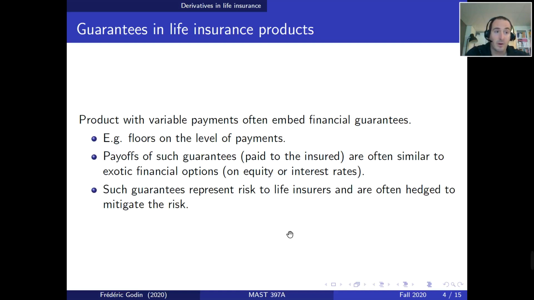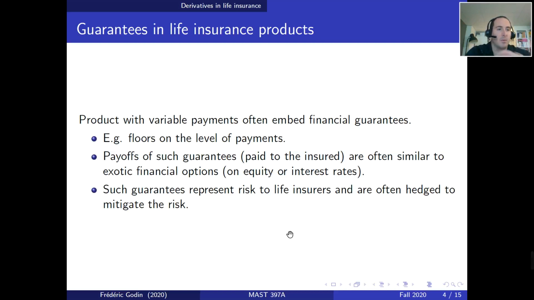And of course, same as for regular options, these guarantees represent a risk for life insurers. For example, if the life insurers guarantee a minimum amount of payments, sometimes these guarantees can become costly for the insurer.